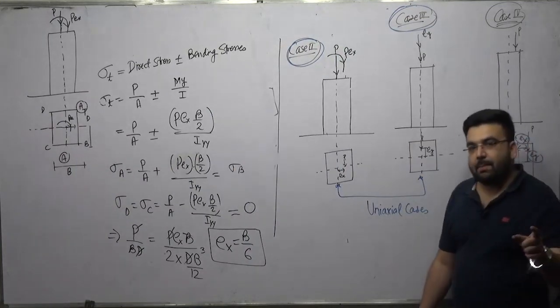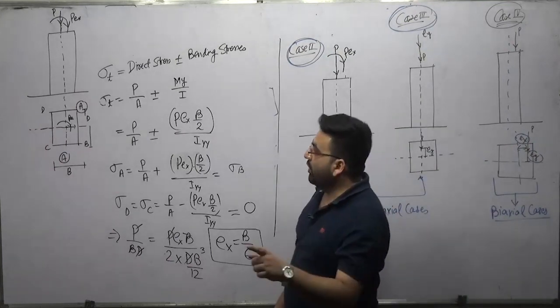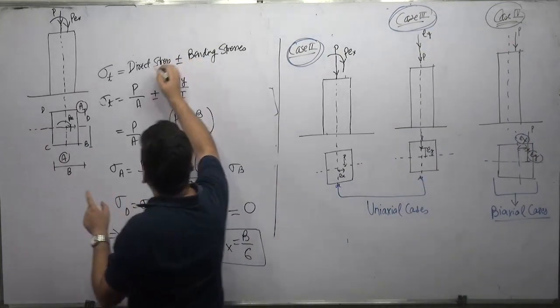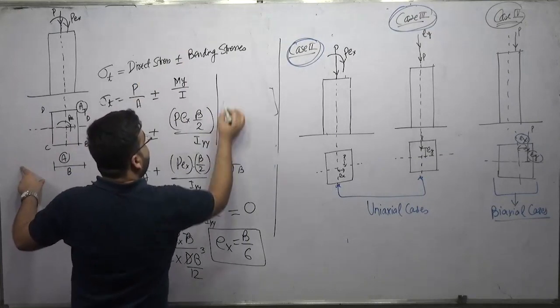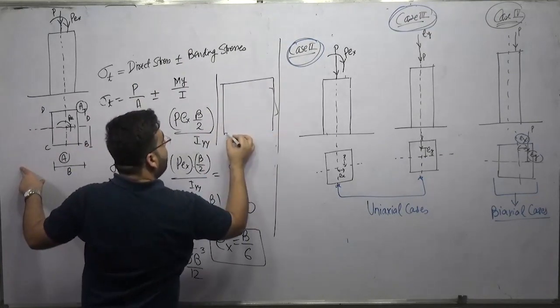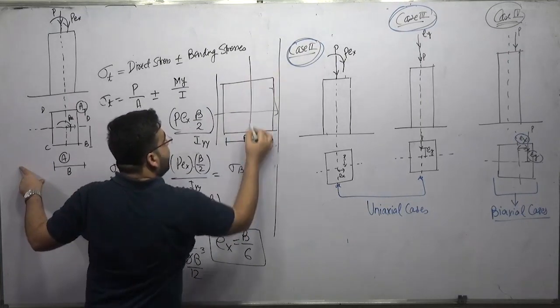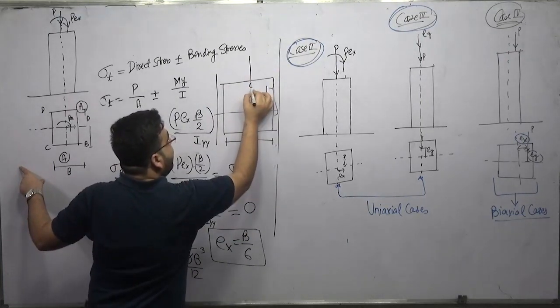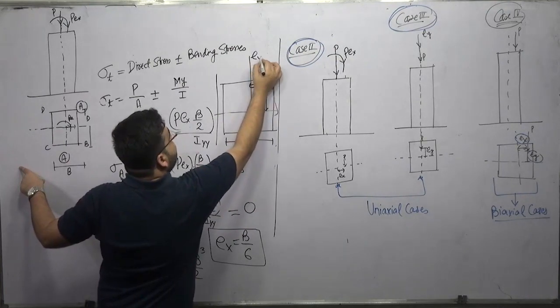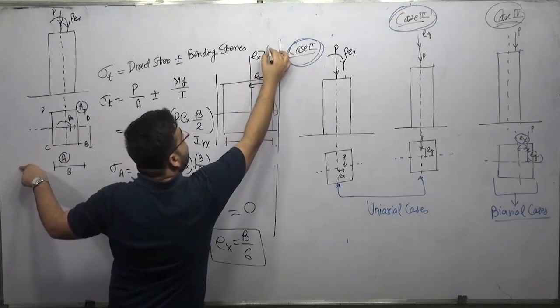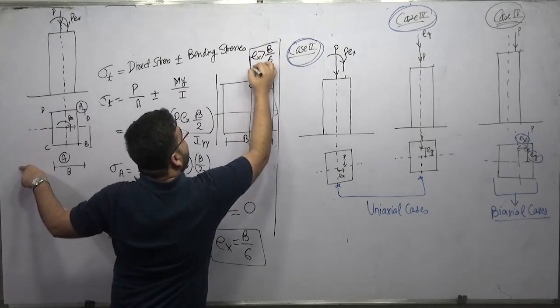It means that if your load, let me draw the top view here, let us say this was the top view, this is our B. If your load is acting at some eccentricity Ex, if it is greater than B by 6, then what will happen?